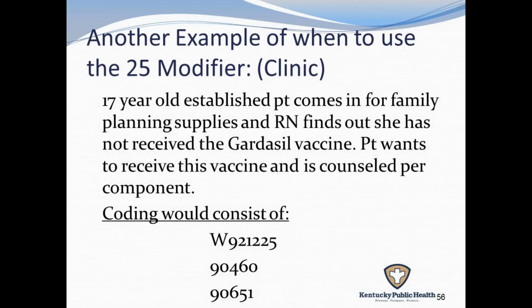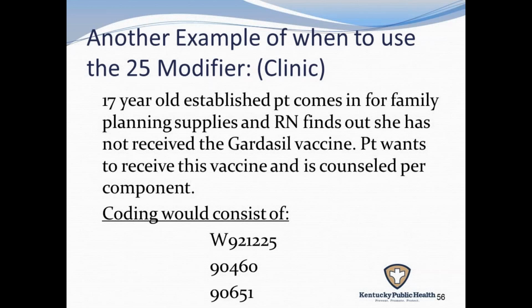And nowadays, as of, I think it was 2011 that they changed that, you cannot code an office visit with the administration of a vaccine. But because she was coming in for something completely separate from the immunization, you can code this like this.